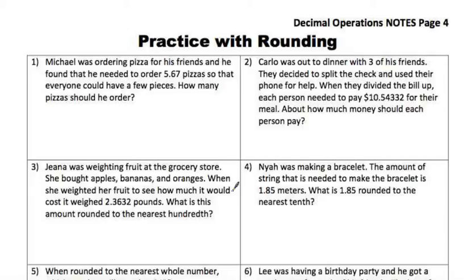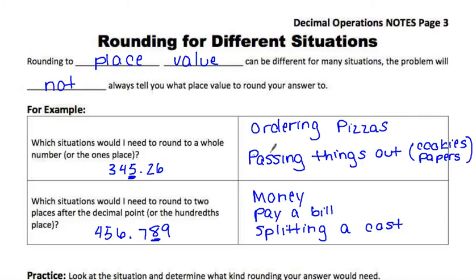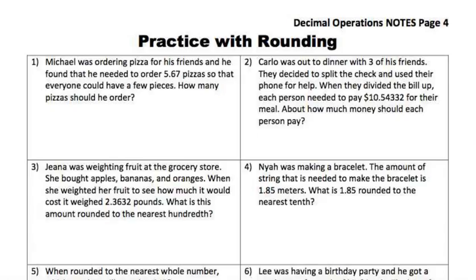Now this goes back to what we talked about on the top of this page here. Because think about pizzas. We need to round to a whole number. So here's the amount of pizzas we need to order. And we're rounding to a whole number.